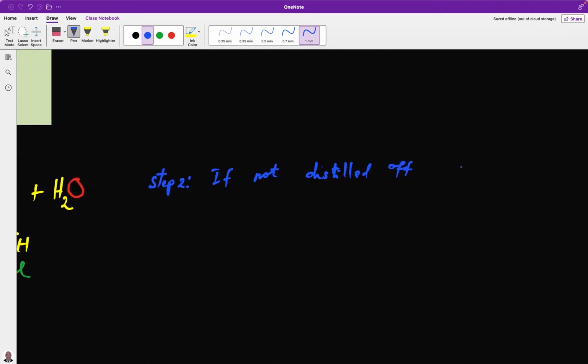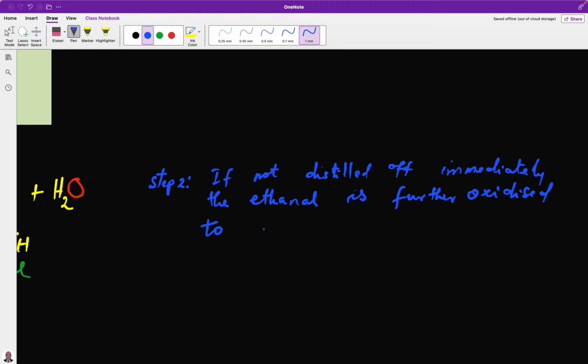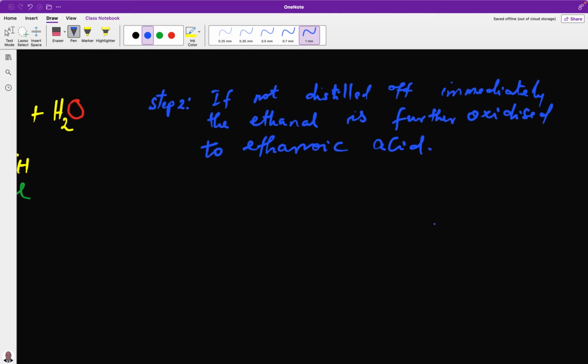The product is further oxidized to the carboxylic acid, that is ethanoic acid. And it can be represented like this.